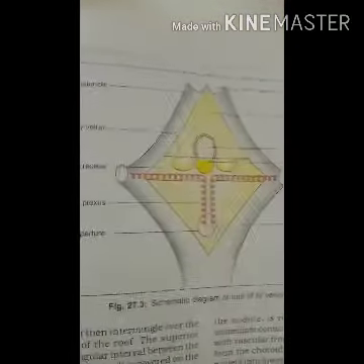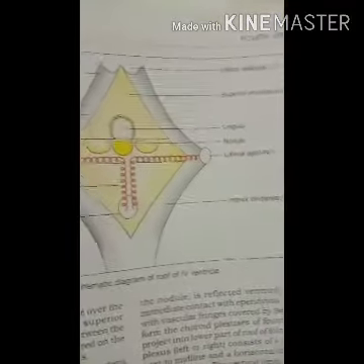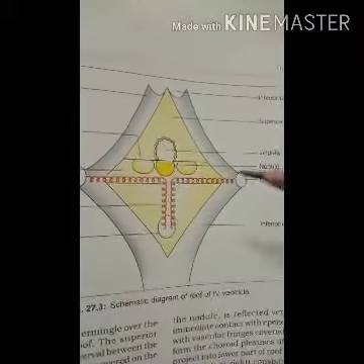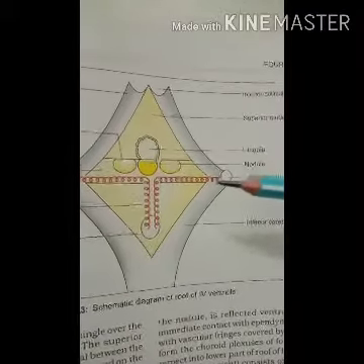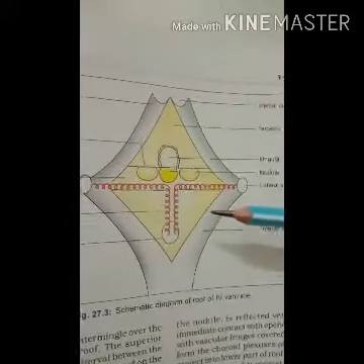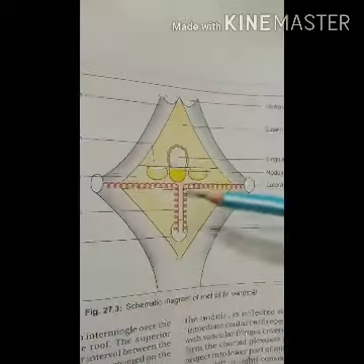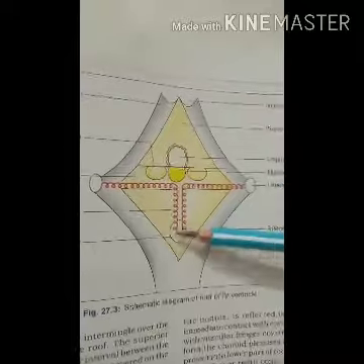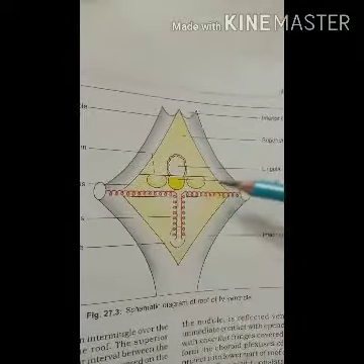Then the openings of the roof of the fourth ventricle. In the caudal part of the roof of the fourth ventricle, three openings are present. Here this one and these two.